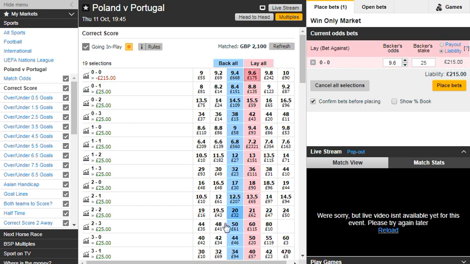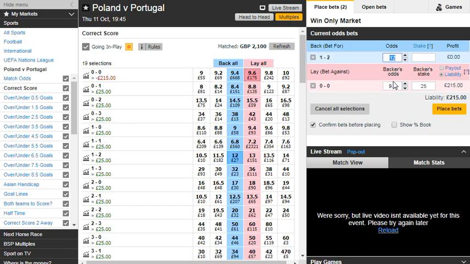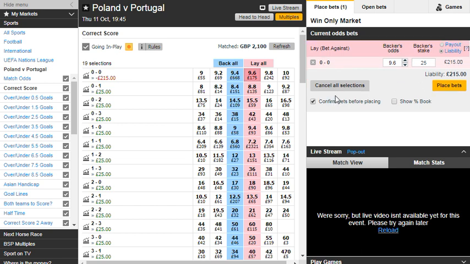Or you could spread this £25, or more or less of it, on some of the higher scores. Obviously, in doing that, you'd be adding to your 215 liability slightly, but there are many options open to you.